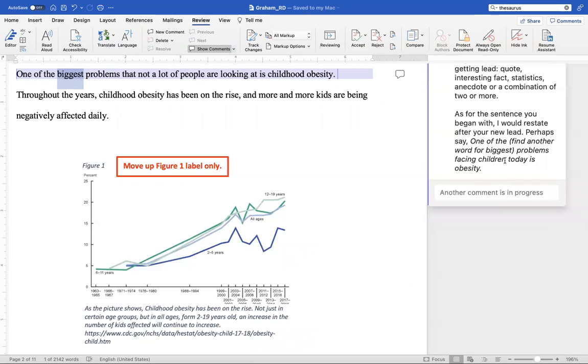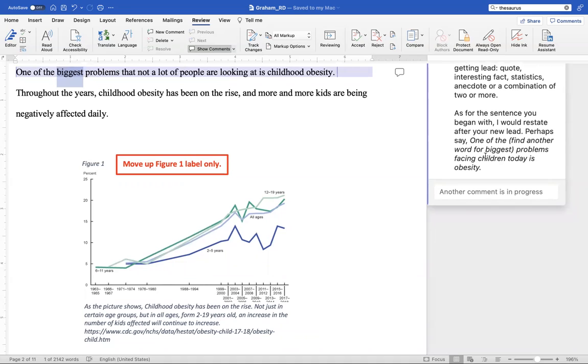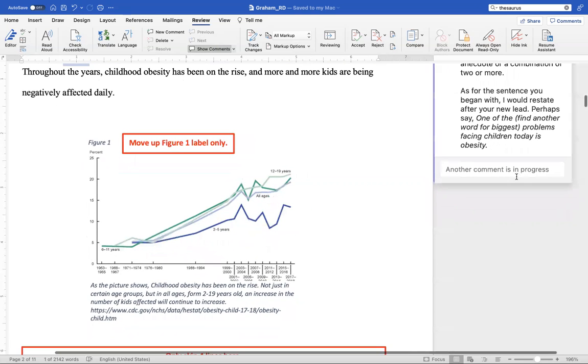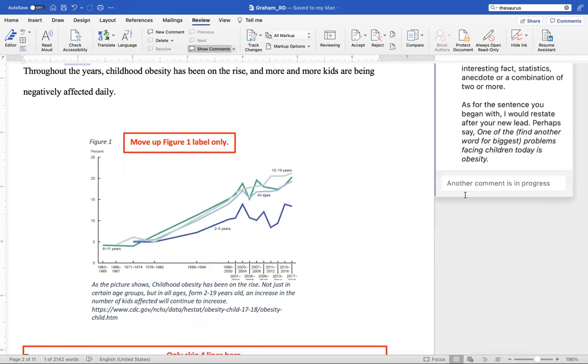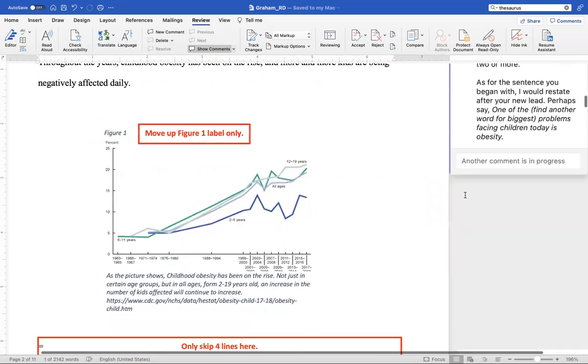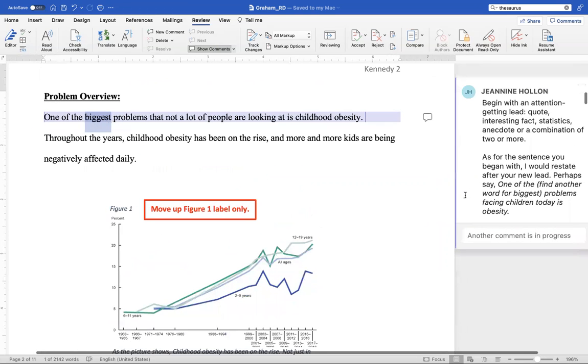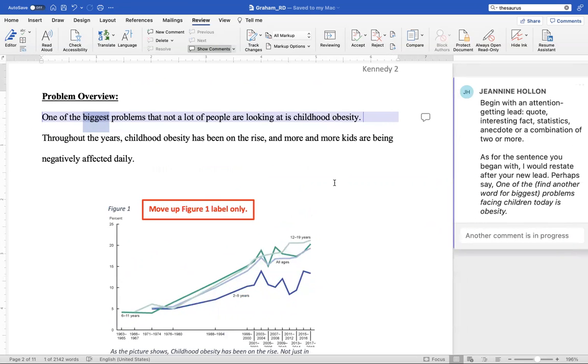You could say the US's society, because you can't use first person, you don't want to say our. One of the biggest problems facing the US today is childhood obesity. Because at first you're going to think, oh, it's the Ukrainian standoff with the Russians. No, that's not it. And what we're supposed to do is something else. Okay.